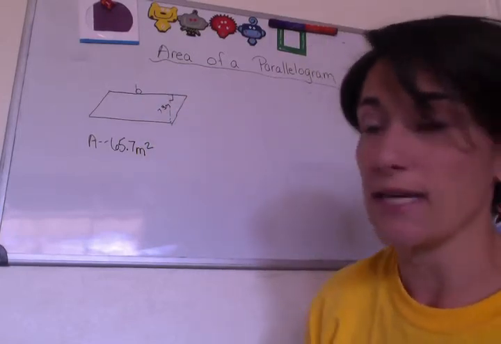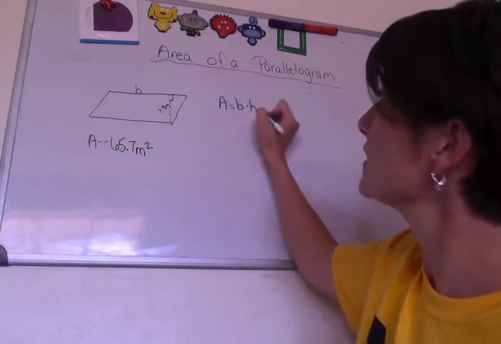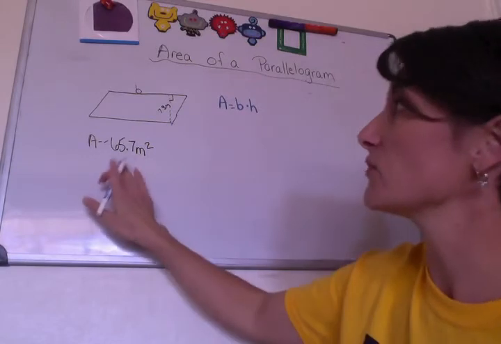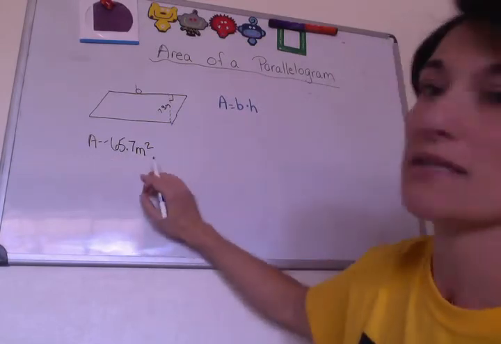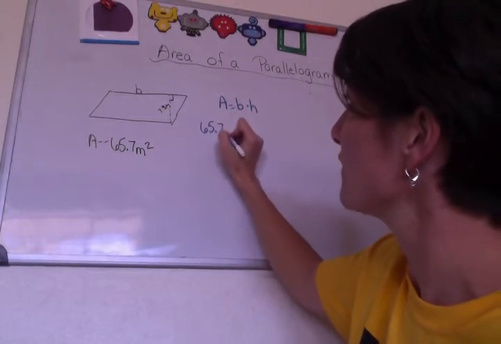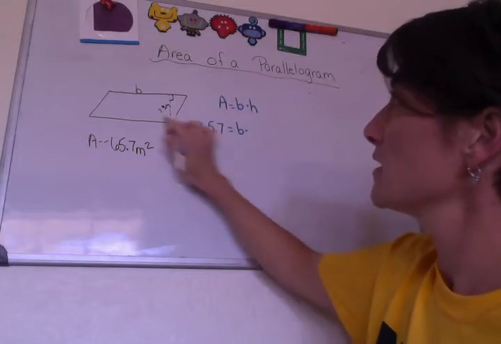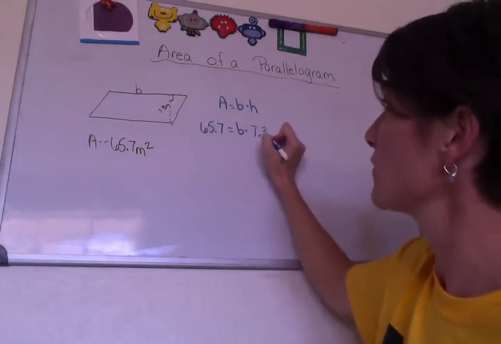Now I'm going to use the same formula. Area equals base times height. This time I'm just going to plug in the numbers from my representation of the shape. So here I have my area of 65.7. It's going to equal my base, which is my unknown, times my height of 7.3.